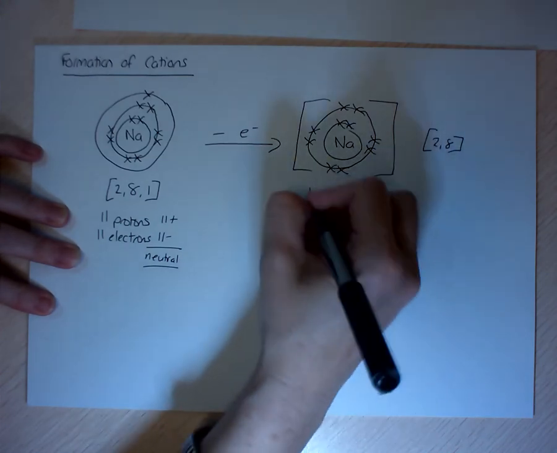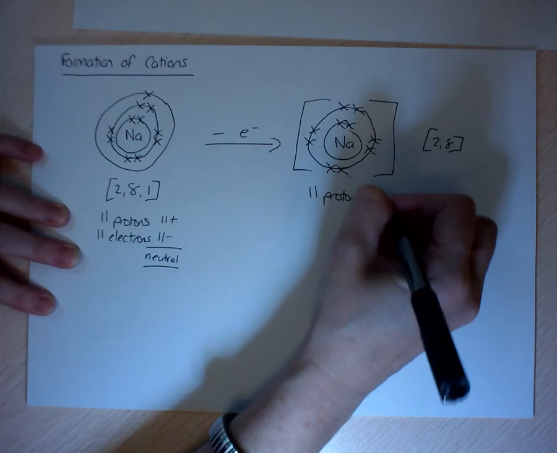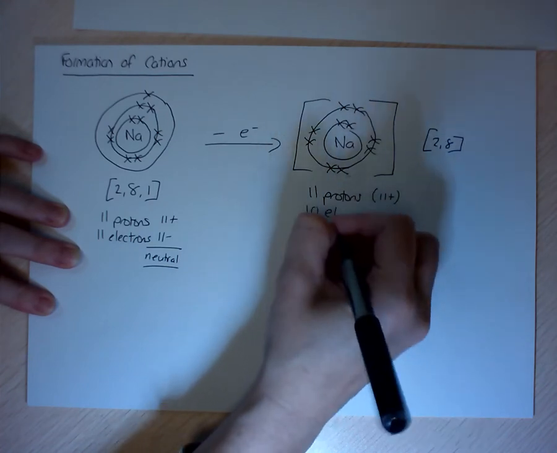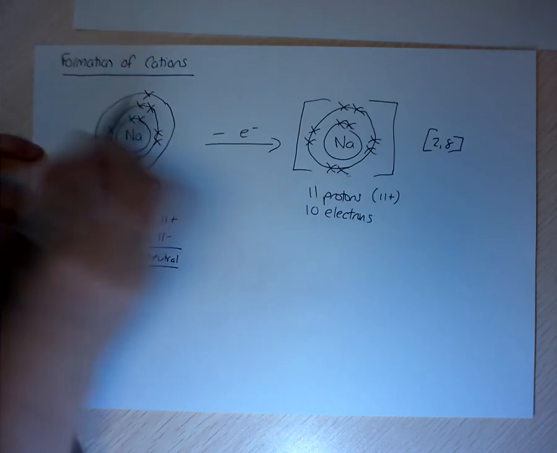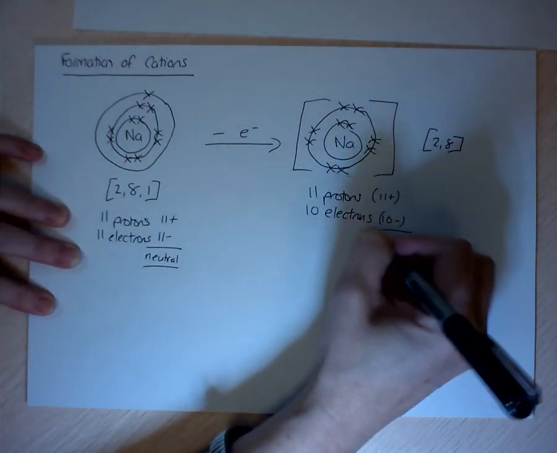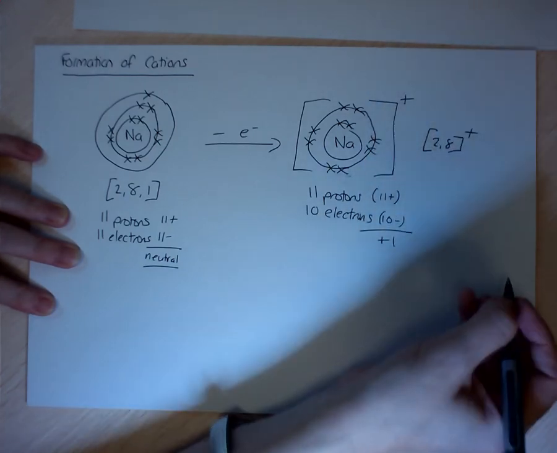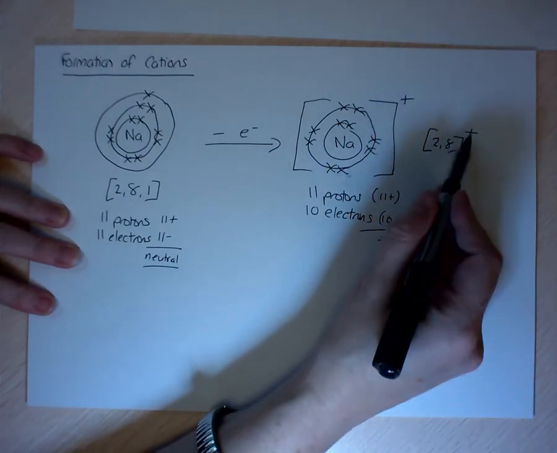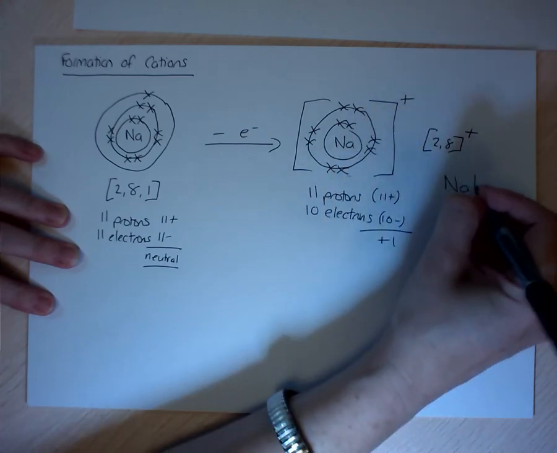So now I still have my 11 protons, but now I only have 10 electrons because I've lost this outer electron. So I have 10 negatives. That will give me a charge of +1. So outside the square brackets, I put a 1 plus charge. Na+.